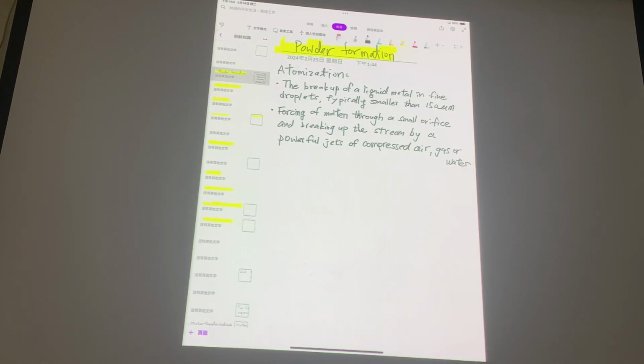On the basis of the atomization media, there are two ways that you can get your powder: either through gas or through water. This is a typical way.